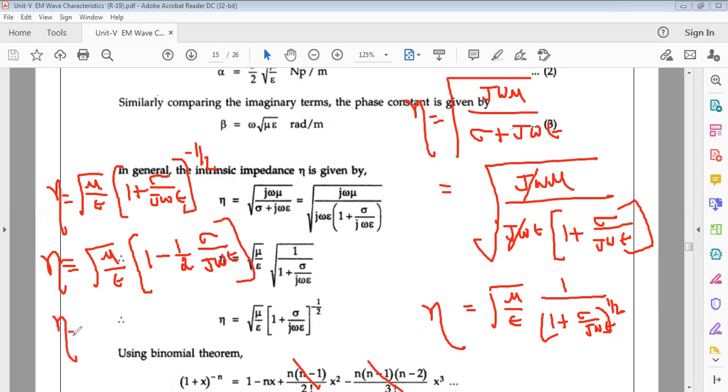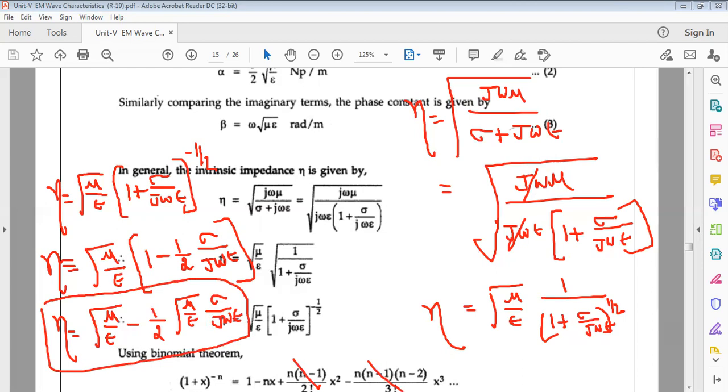So eta is equal to under root of mu by epsilon minus, multiplying here, 1/2 into sigma by j omega epsilon.